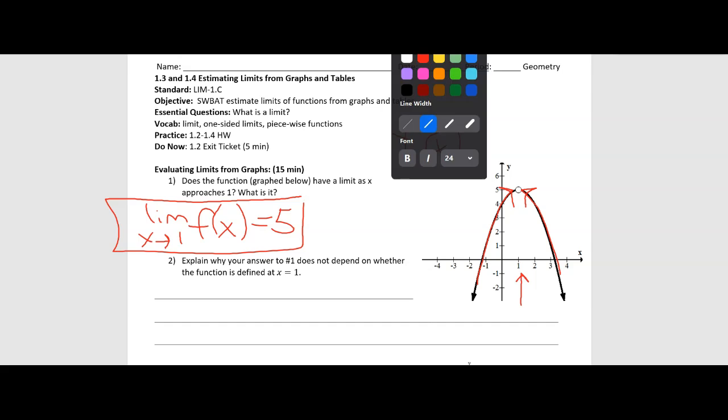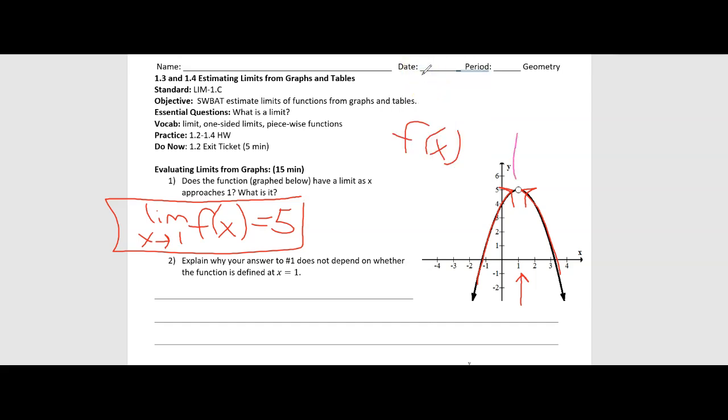Now you may notice that there is a discontinuity here, specifically a point discontinuity. But let's look at question 2 and think about whether that has an influence on what our limit is. Number 2 says, explain why your answer to number 1 does not depend on whether the function is defined at x equals 1. Well, again, it goes back to our idea of what a limit is.